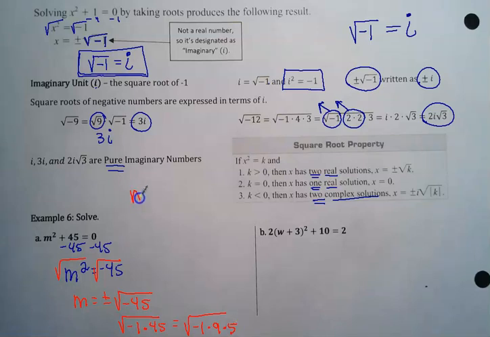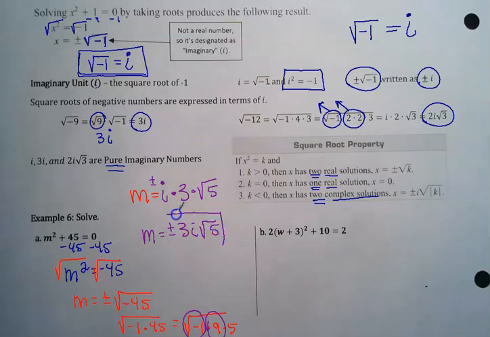So m equals, the -1 is an i, the square root of 9 is 3, and 5 doesn't have a square root, so we're going to leave it underneath the square root symbol. So m is equal to, I should put the plus or minus, I forgot that there. So m is equal to plus or minus 3i times the square root of 5.